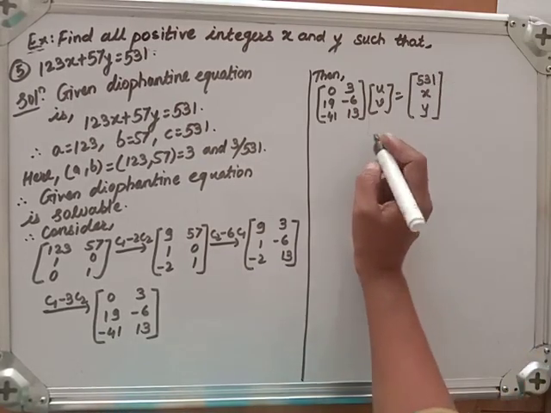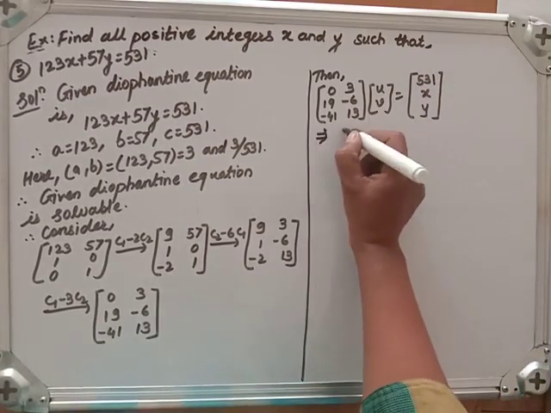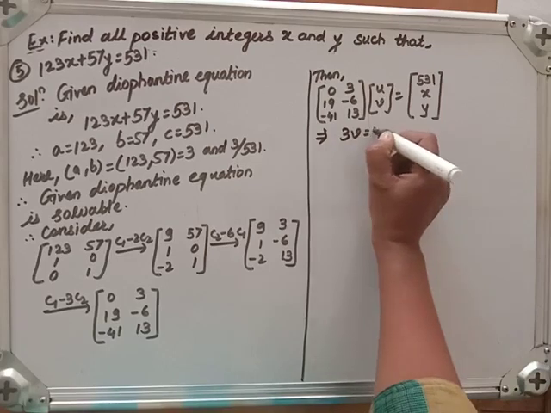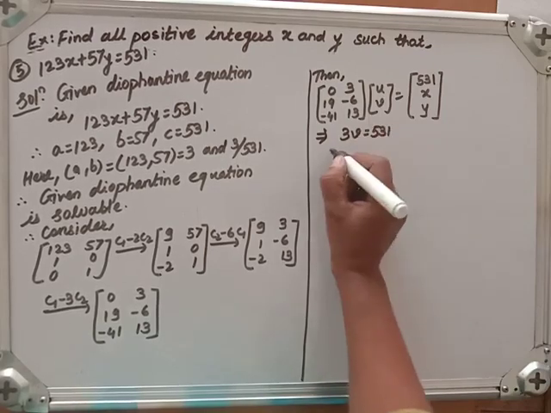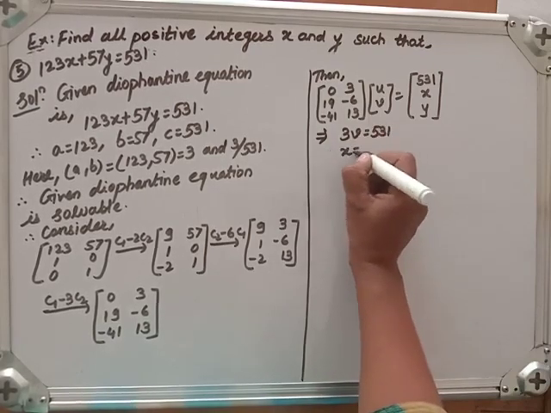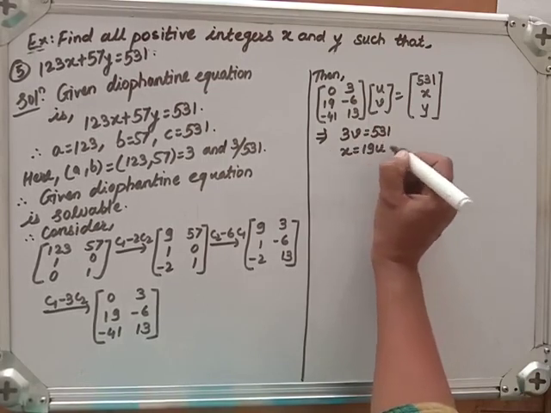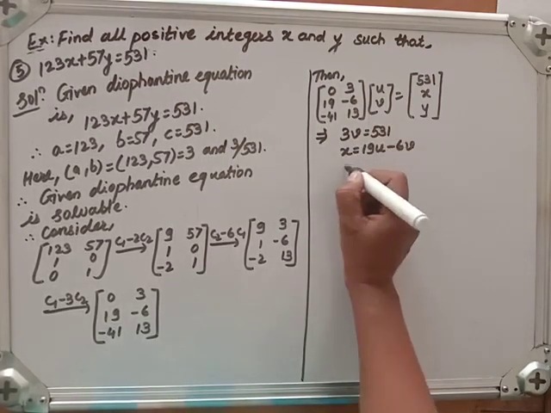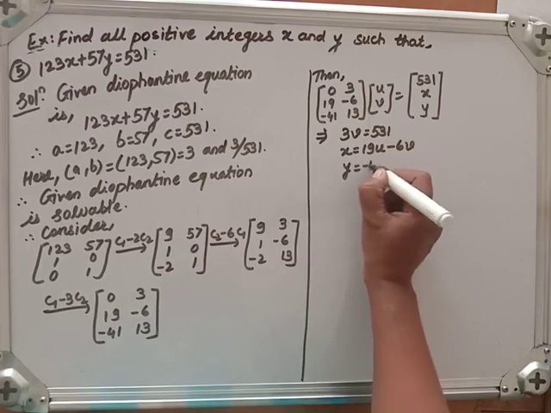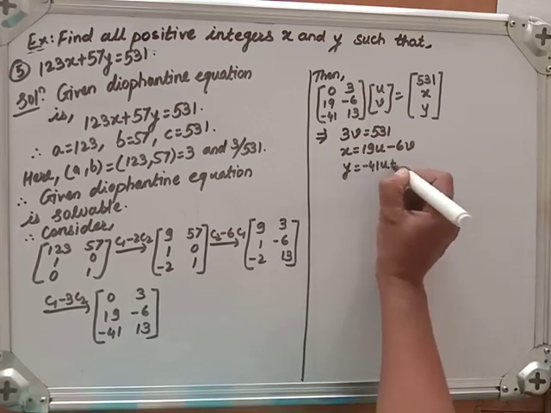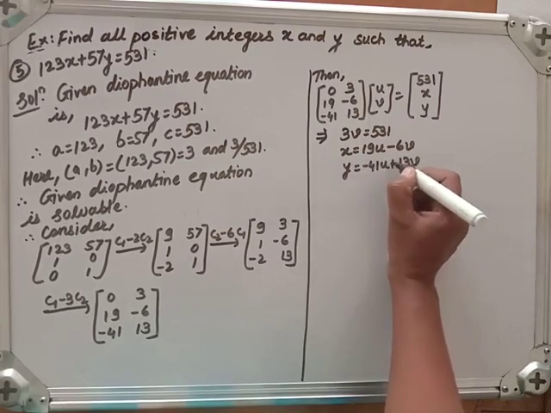Okay, so this gives us 3v is equal to 531, x is equal to 19u minus 6v, and y is equal to minus 41u plus 13v.